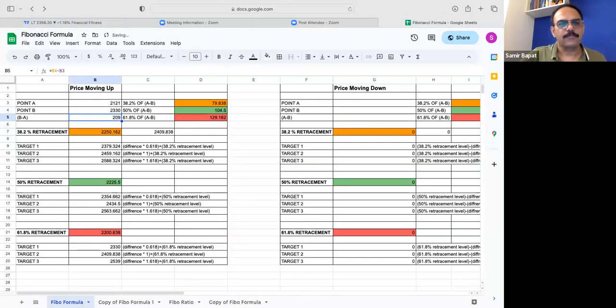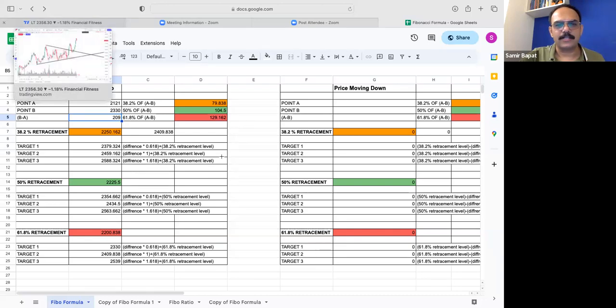I already shared what Fibonacci retracement is and what the levels of retracement are. The 61.8% retracement happened till 2200 here at the bottom. If it retraces till 2200, it is a 61.8% retracement.